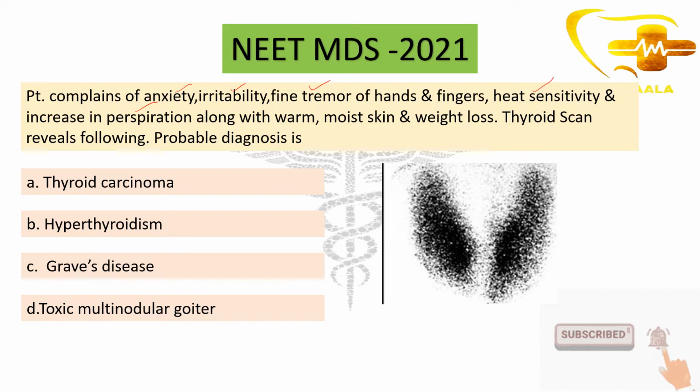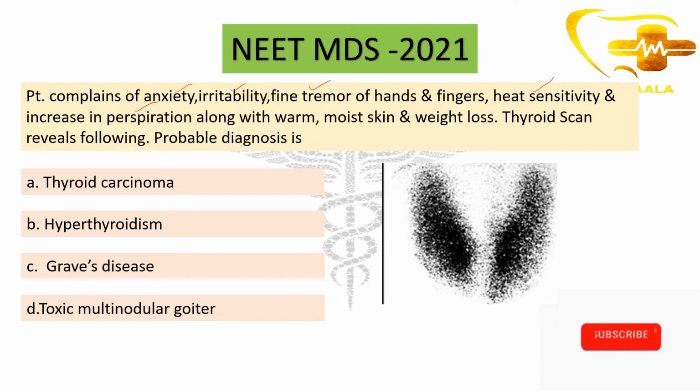Actually, we don't insist much on thyroid scans while we are preparing for the exam, but such questions may also be asked. Sometimes image based and clinical based questions come, so please keep in mind to revise all the possible things.